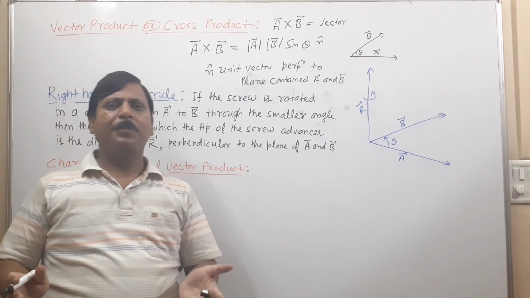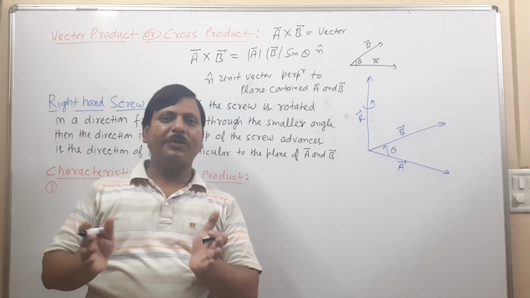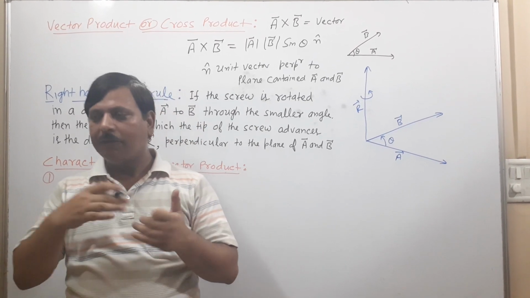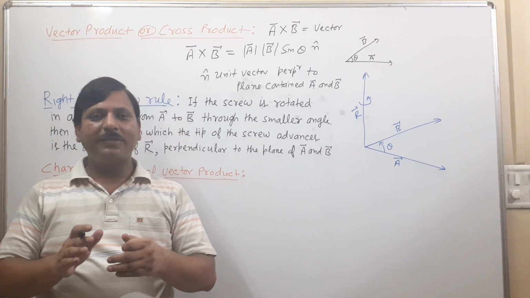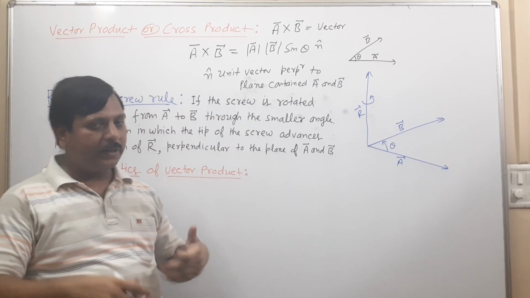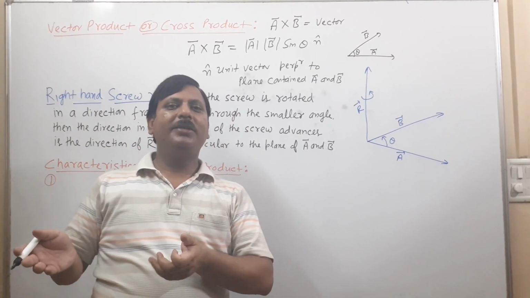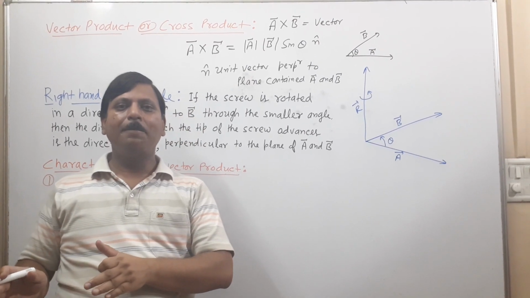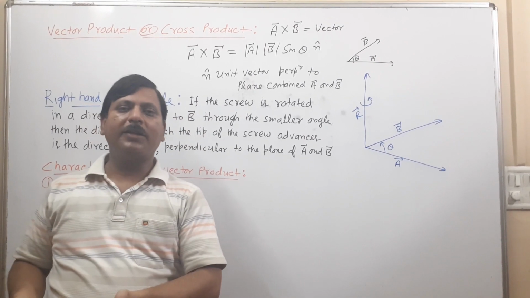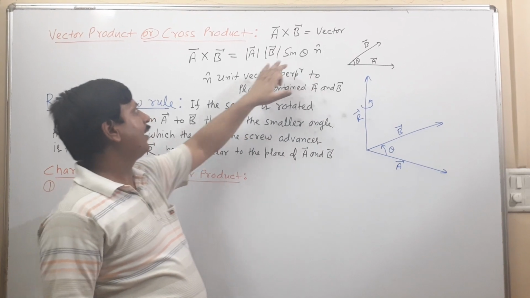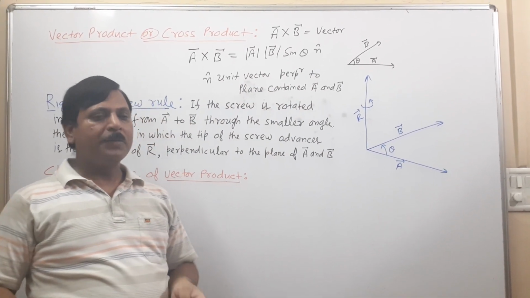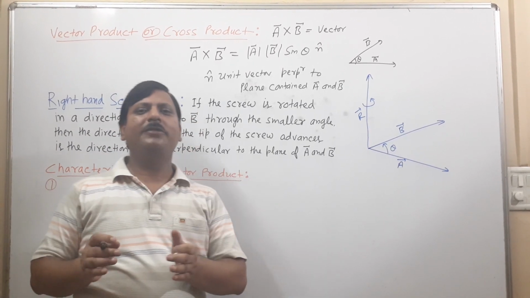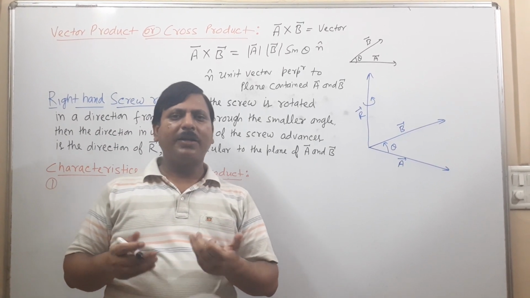Clear. We can say that the vector product of two vectors is defined as the product of the magnitudes of the two vectors and the sine of the smaller angle, and one unit vector is there. The direction of that unit vector is perpendicular to the plane containing A and B. This unit vector's direction we can give by the right hand screw rule.